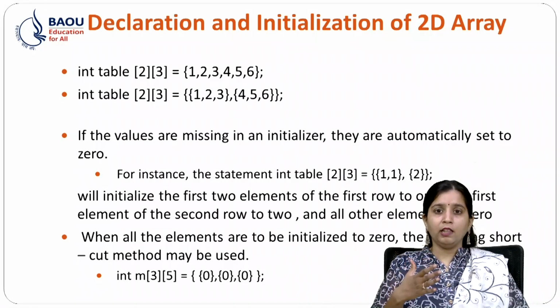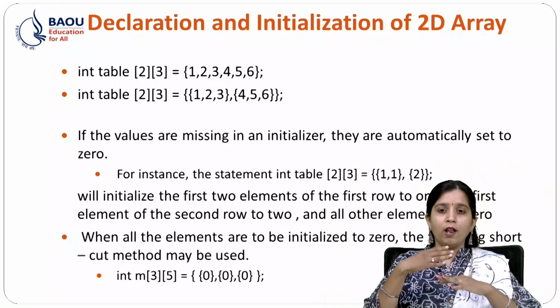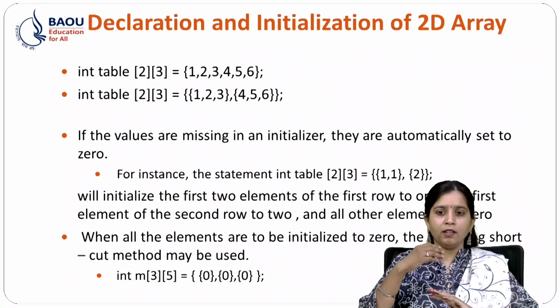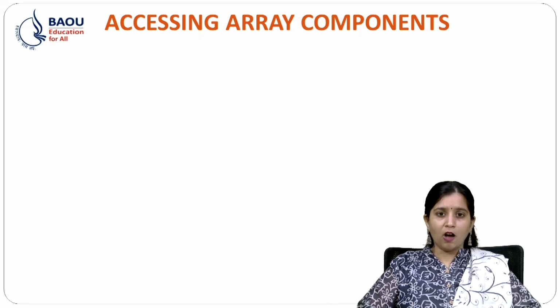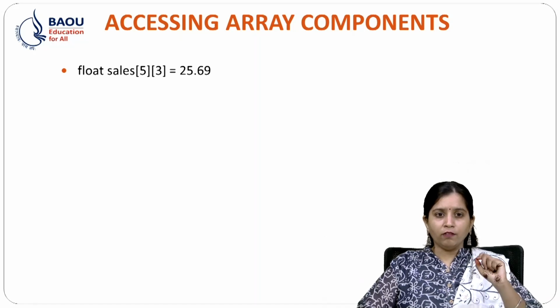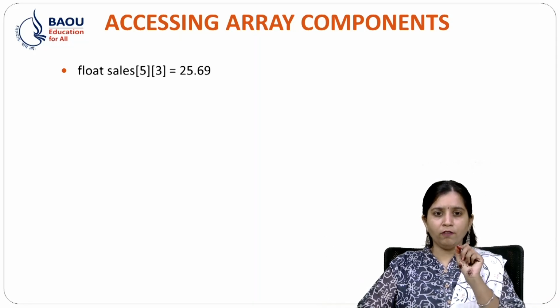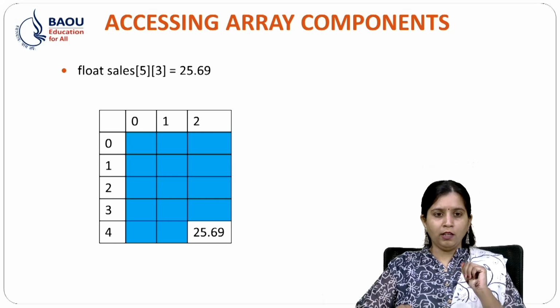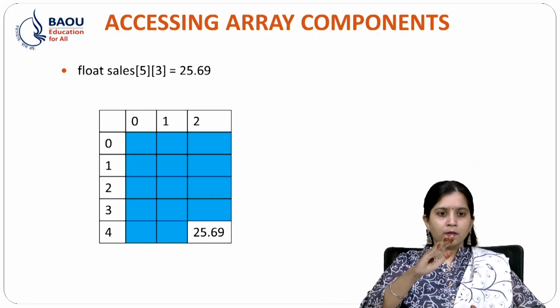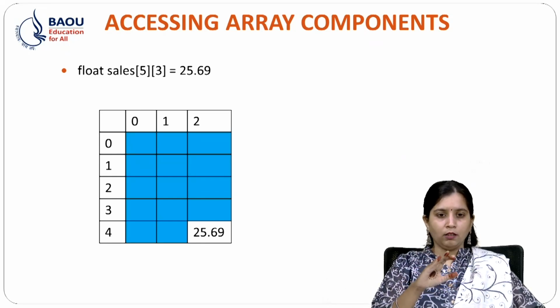Let's see how a two-dimensional array works in our compiler. First, let's see accessing array components. Float sales[5][4], the fifth row and third column is 25.69. So how does this work in our compiler? You can see the picture below.